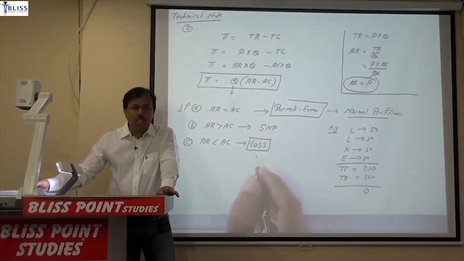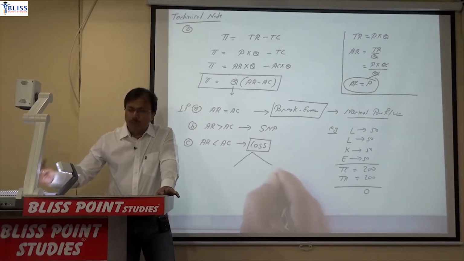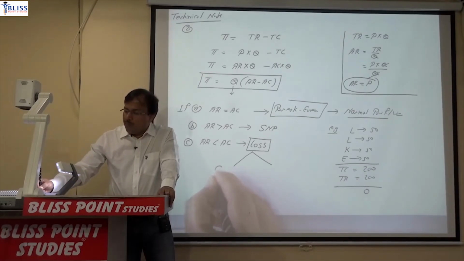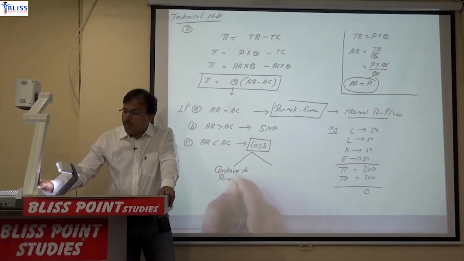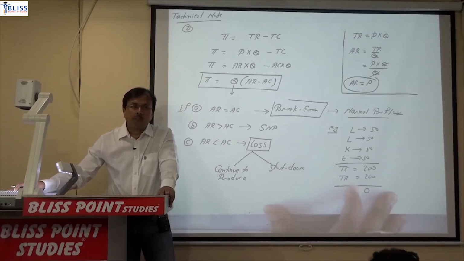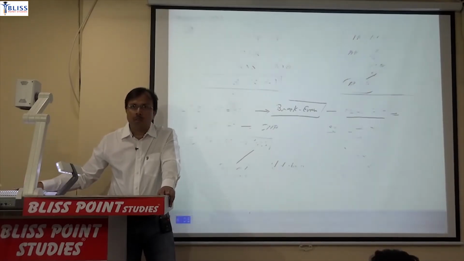So if there is a condition of loss, within loss you can divide it into two parts. One is that the firm may continue to produce despite loss, or the firm may shut down.